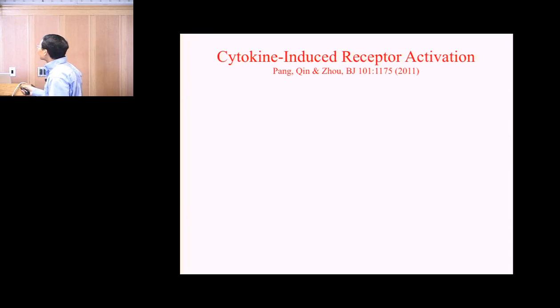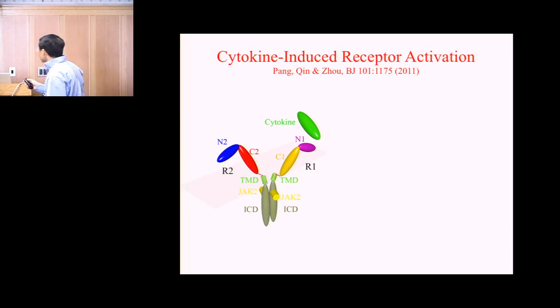All right. So the second example I want to show is the binding of cytokines to cytokine receptors. We got into this problem because typically a cytokine has two binding sites, a high affinity one and a low affinity one, and it binds two receptor molecules, which induces dimerization and a conformational change within the dimer that leads to activation of the receptor.